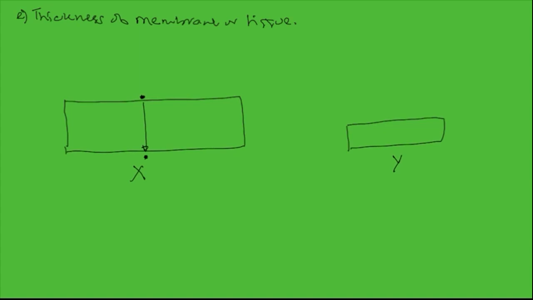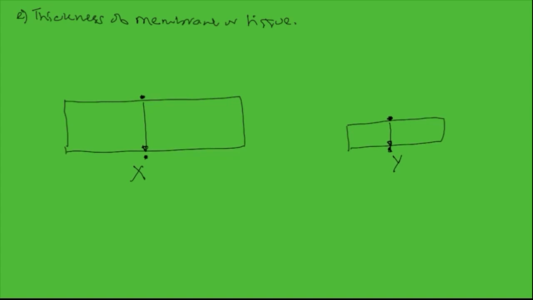All factors like temperature being constant, then the movement across Y is going to take a shorter time compared to the movement across X. Now, we look at the role of diffusion in living organisms.